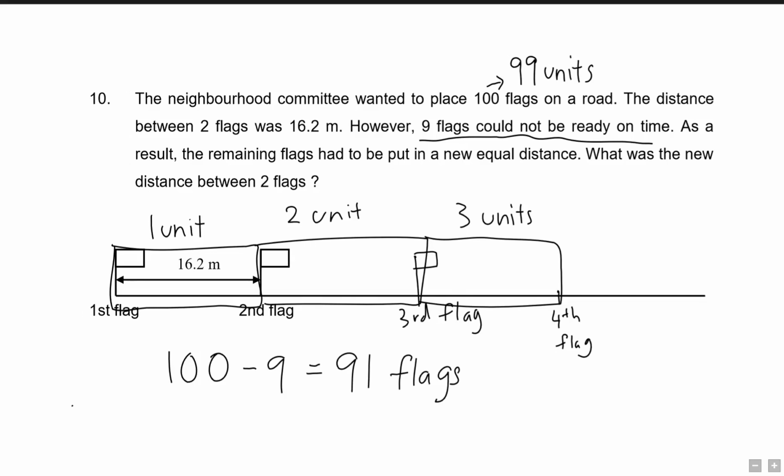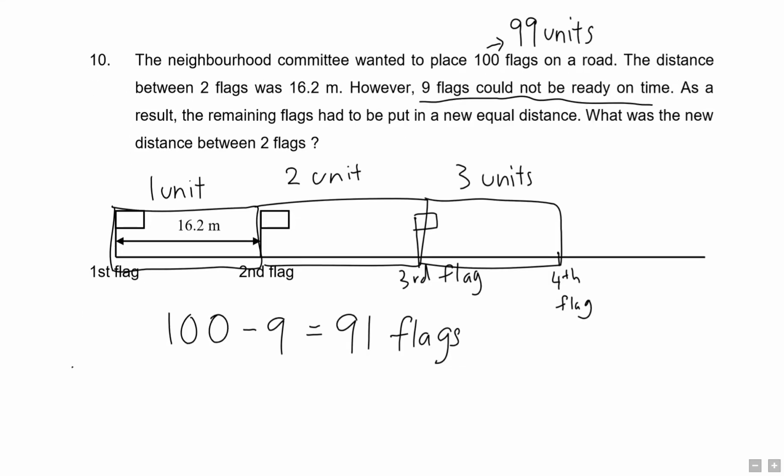Now, if it is 91 flags, there's a total of how many units? 91 flags. Remember, the number of units is always 1 less than the number of flags. That would mean that there's only a total of 90 units. Now, how long is this 90 units?